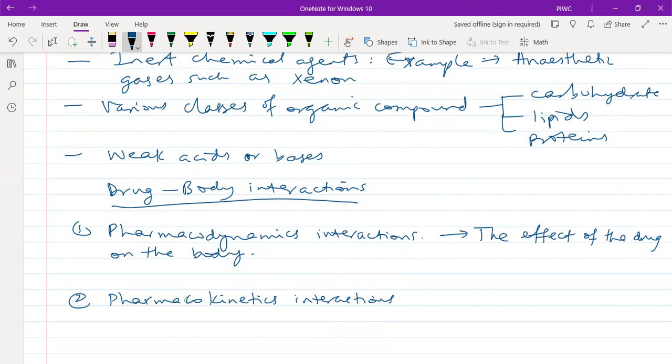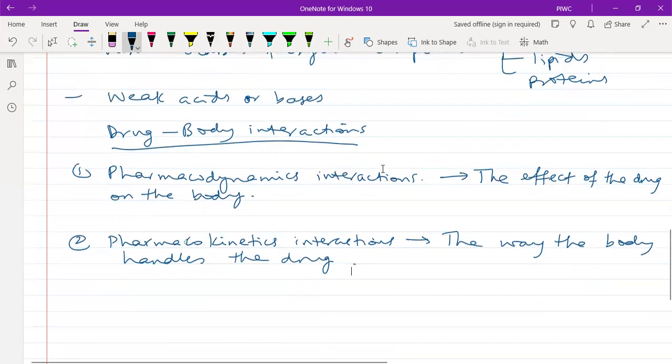Okay. And then when we say pharmacokinetics, we're talking about the way the body handles the drug. How does the body handle the drug? Right. So that's what we call the pharmacokinetics.